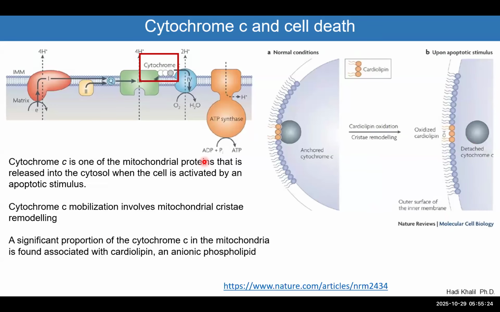So let's talk a little bit about cytochrome C. Cytochrome C is one of these proteins that is localized here in this slide. And you will see in this lecture that I didn't really depend much on the textbooks. I depend more on recent papers because these data could change today, tomorrow, the day after, or yesterday.